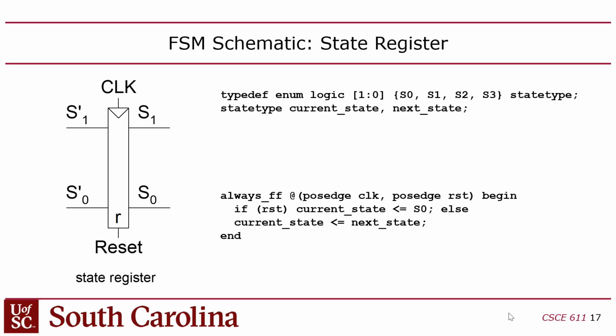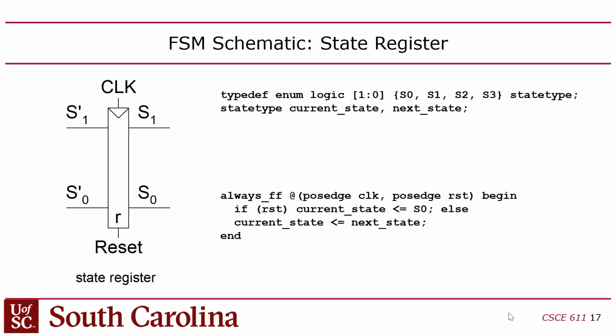SystemVerilog fixed that because they introduced the ability to create an enumerated type. So we have typedef enum logic 1 down to 0, S0, S1, S2, S3, and we're going to call that state_type. That creates a new type called state_type that can have the value of S0 through S3. You still have to tell it that it's 2 bits, though.